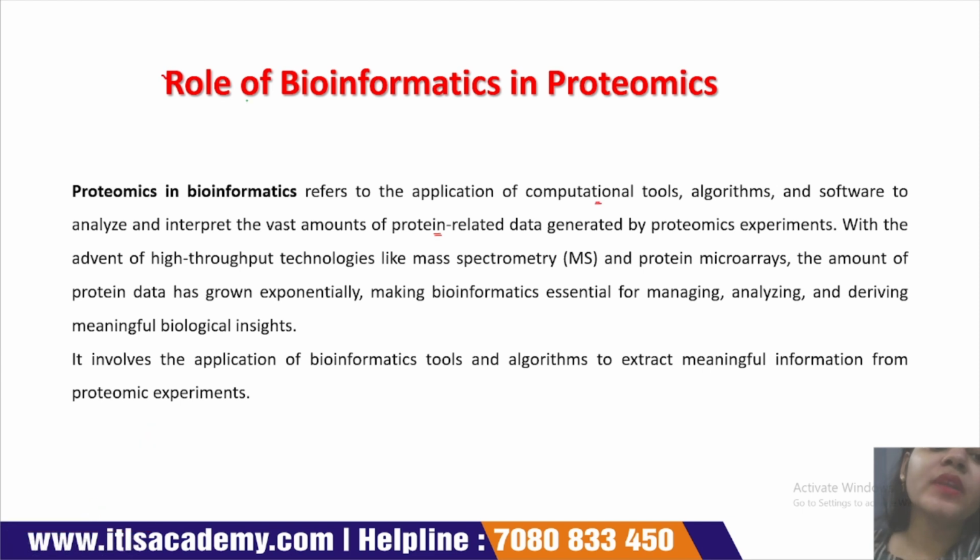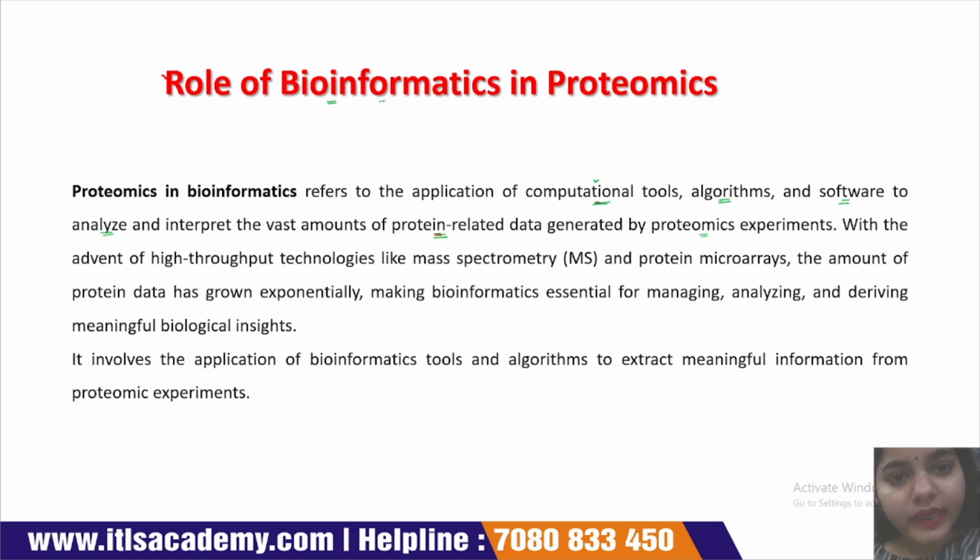Now we understand the role of bioinformatics in proteomics. Bioinformatics in proteomics refers to the application of computational tools, algorithms, and software to analyze and interpret the vast amount of protein-related data, and this data is generated via the different techniques used in proteomics.